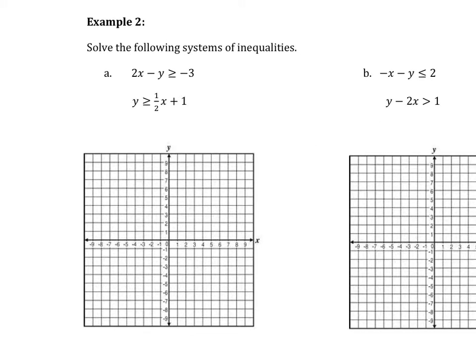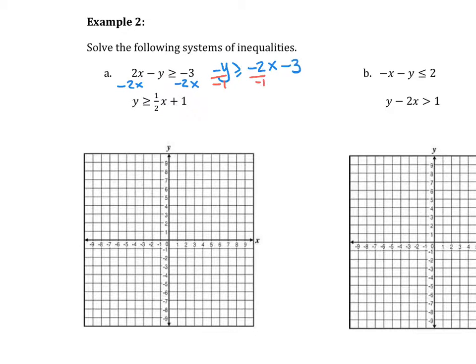All right, so we still need to get y by itself first before we can do any of the graphing. So in our first inequality here, in order to get y by itself, we could subtract 2x from both sides. So then we'd have negative y is greater than or equal to negative 2x minus 3. And then in order to get y by itself, we have to divide by a negative 1.